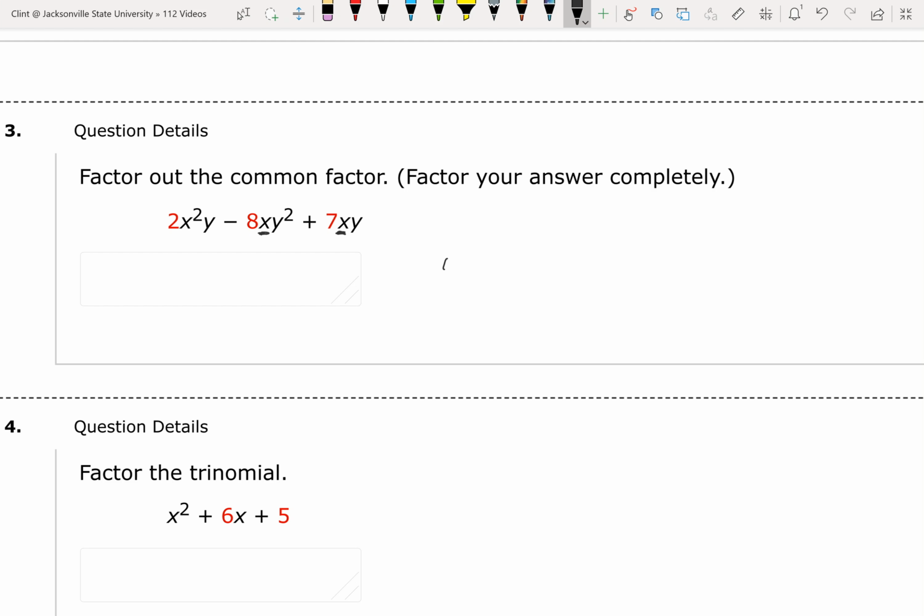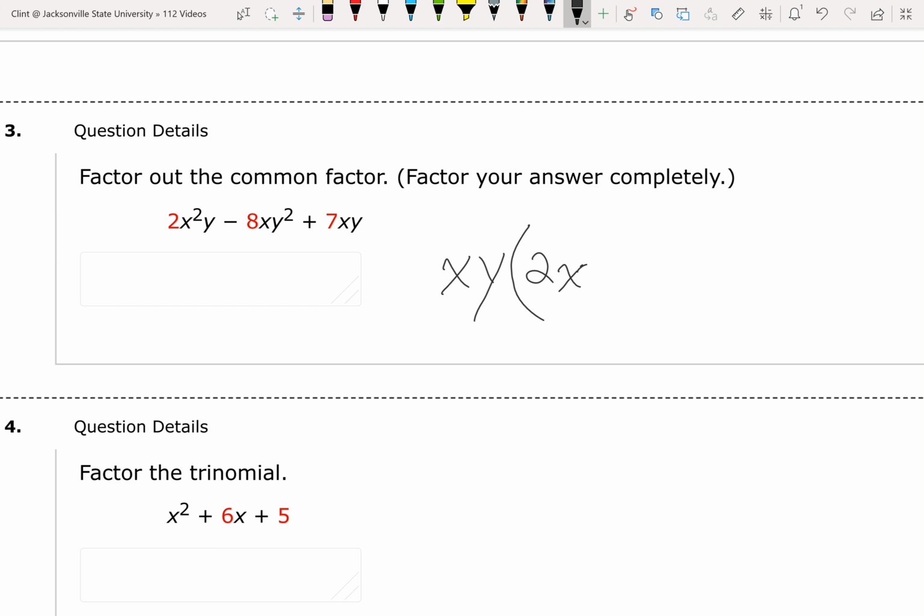I'm going to factor out an x, and then if I look at the y part, the smallest power of y is just y to the 1st power, so I'm going to factor out a y. And if we do that, we look to see what we have left inside the parentheses. So to get 2x squared y, we need to multiply by 2x.